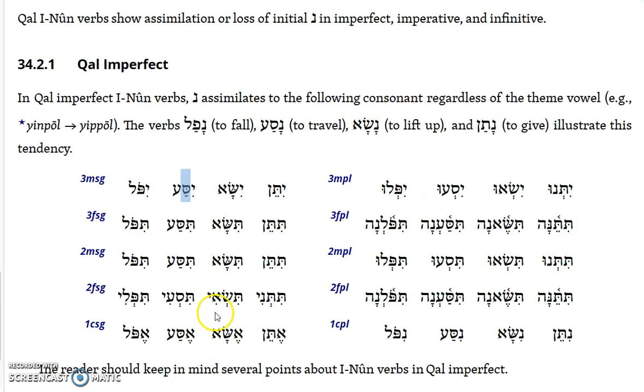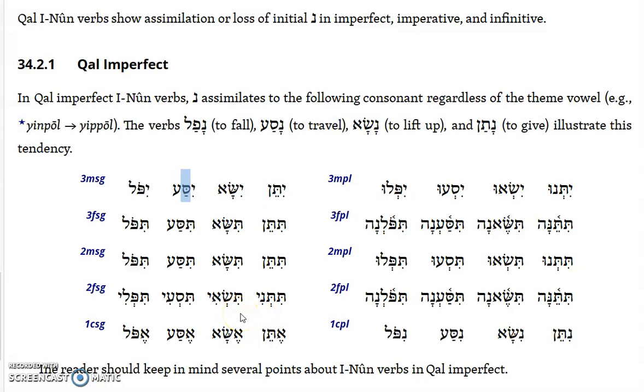And that is what happens here. According to the paradigm pattern, it should have been like yin-sa-e, but then it became yis-sa-e, but then it became tis-e. And the rule, doubling followed by vocal shva, ends up being losing your doubling and the shva becoming silent. The same thing with nasa.